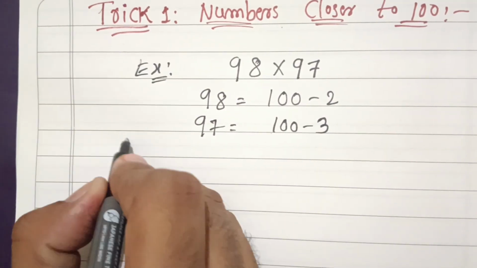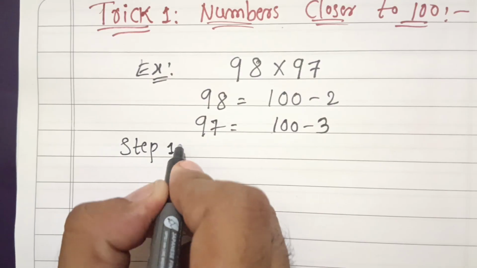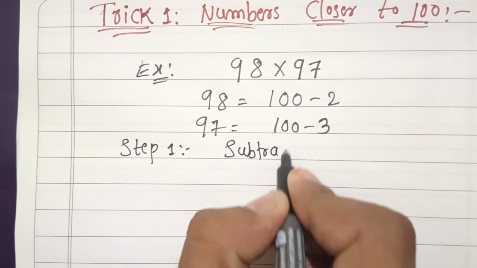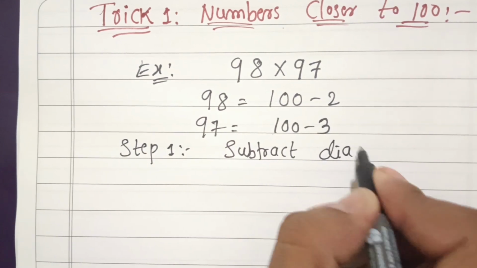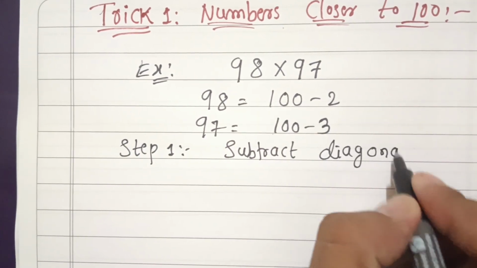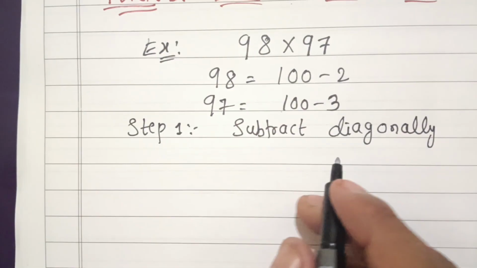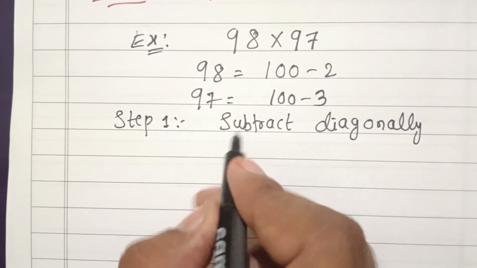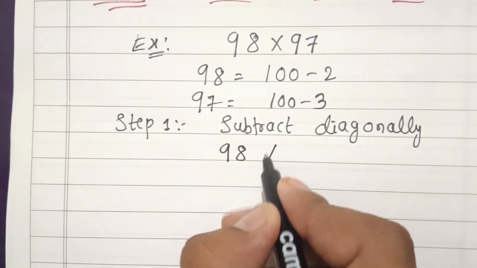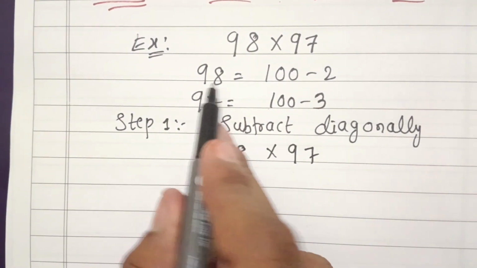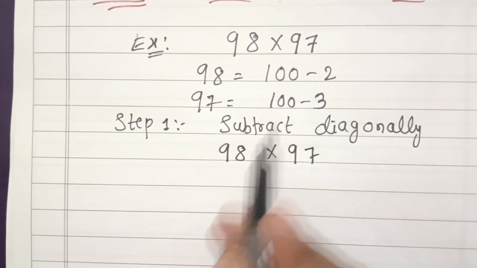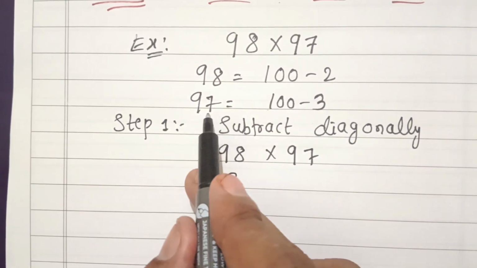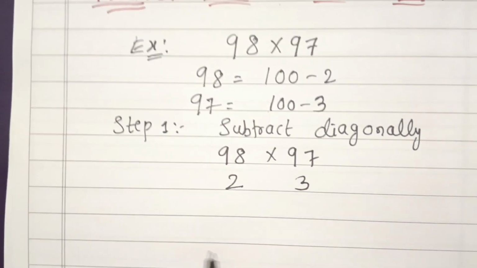Now what we have to do, I am writing step by step for better understanding. Subtract the numbers diagonally. In practice there is no need for steps, but I am explaining step by step so that you can understand clearly. Subtract diagonally means, here we have 98 into 97. 98 is 100 minus 2, so we have 2 here. 97 is 100 minus 3, so here it is 3.